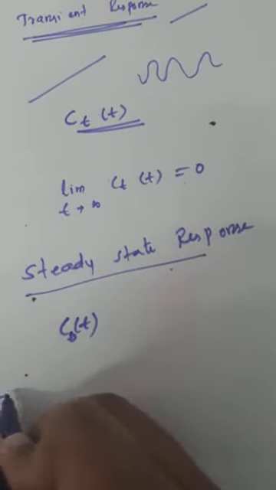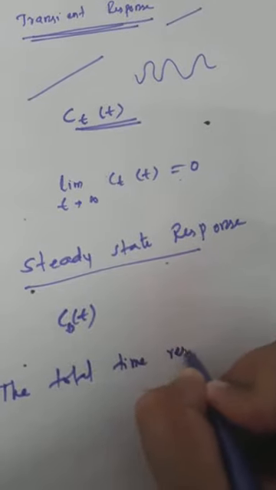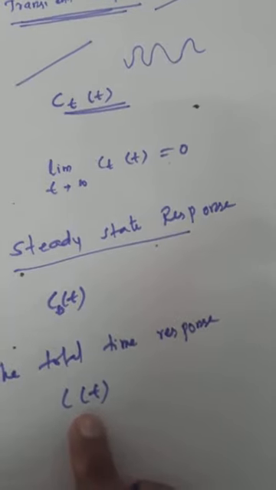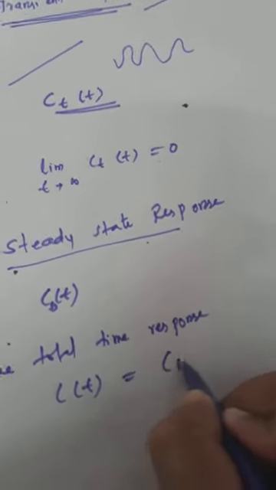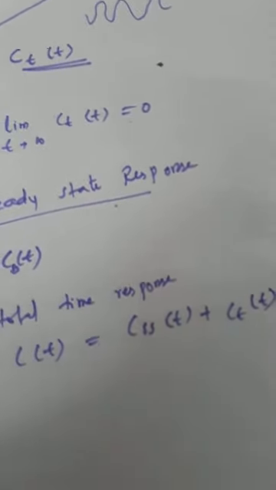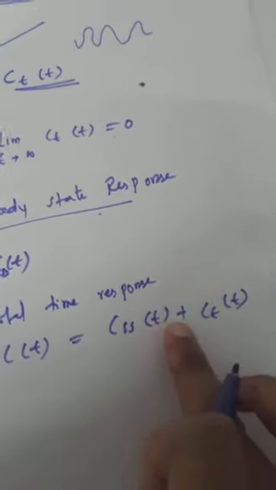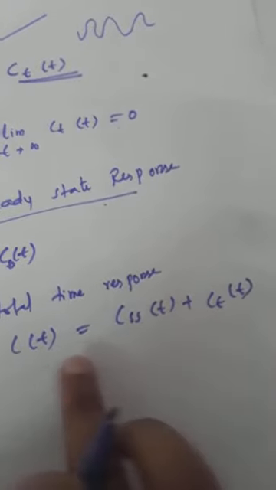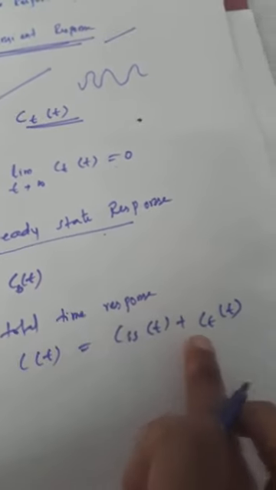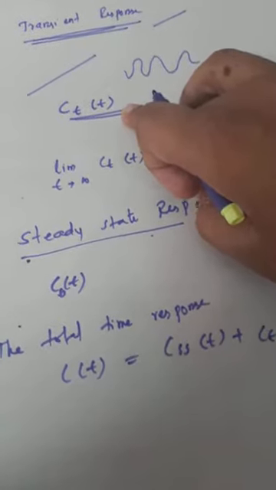Hence the total time response c(t) is represented by c(t) equals Css(t) plus Ct(t). Here Css(t) is the steady state response and Ct(t) is the transient response.